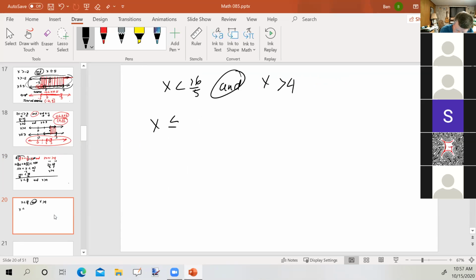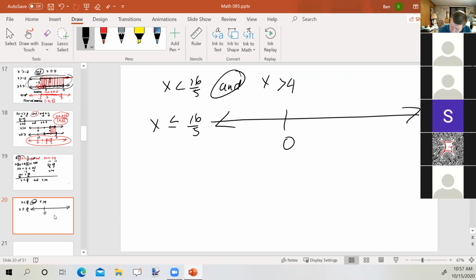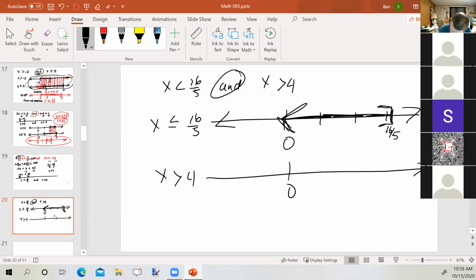So let's see, x less than 16/5. 16/5 as a mixed number, that would be 3 1/5. So 1, 2, 3. We'll call this point right here 16/5. Okay, so I'm going to have a bracket with an arrow going this way, and then x greater than 4. 1, 2, 3, 4.